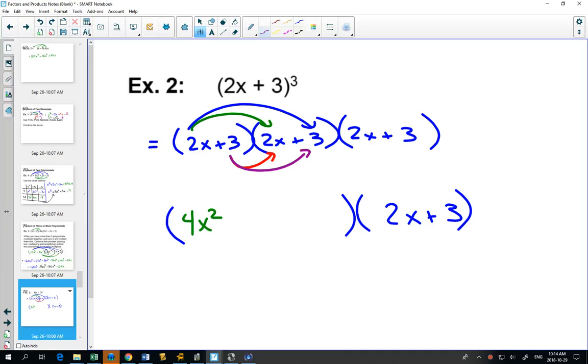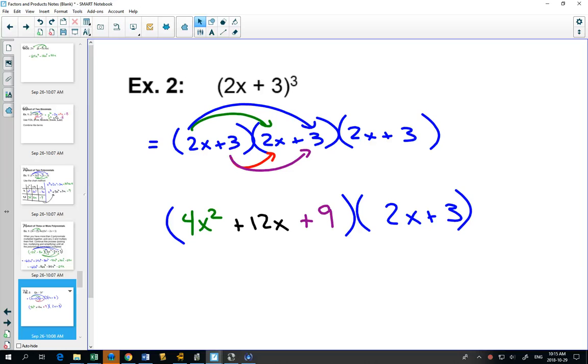And by now, are you okay to do the outside and the inside together all at once? Can I just write plus 12x in the middle without doing the blue and the red colors? And I still know that this is going to be plus 9 at the end.